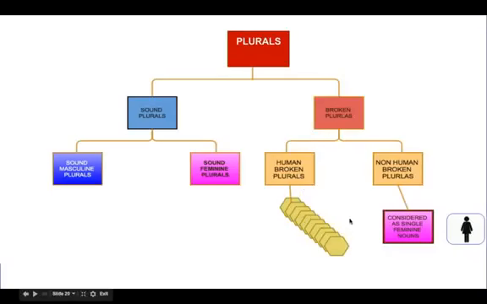And in non-human broken plurals, even though they come in different patterns, they are considered as a single female. So just remember the non-human, or jam'u ghayr aqil, is kullu jam'in mu'annath.